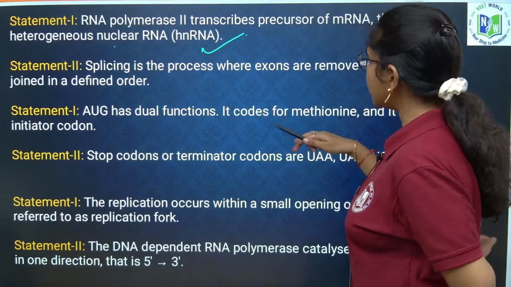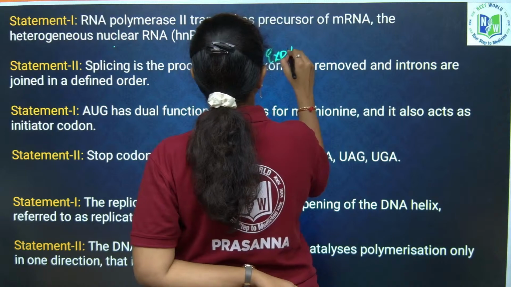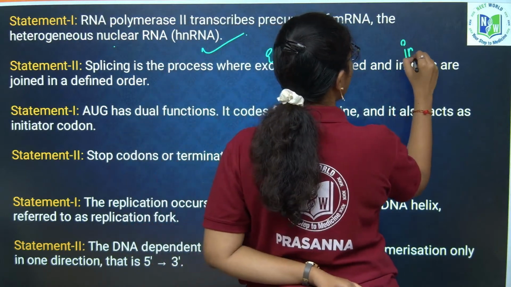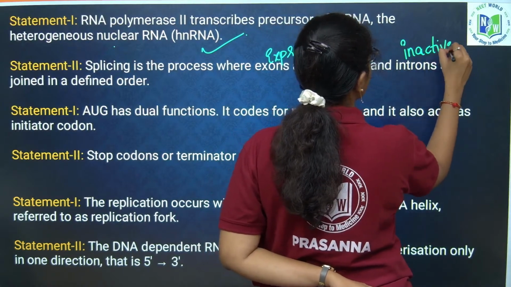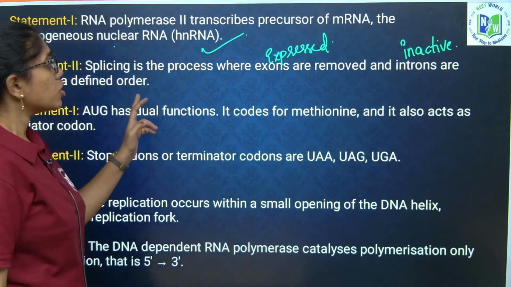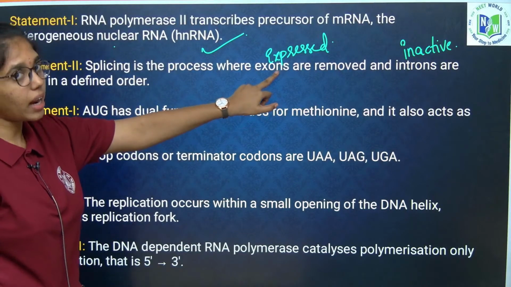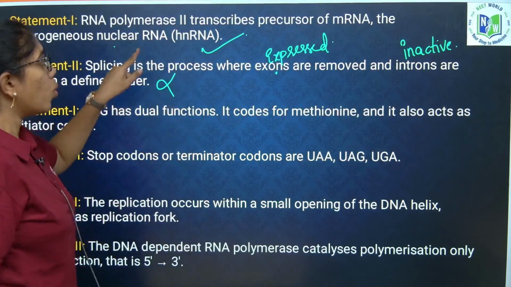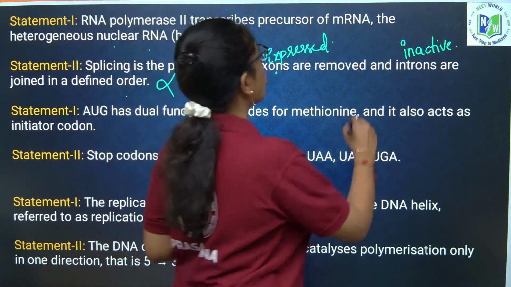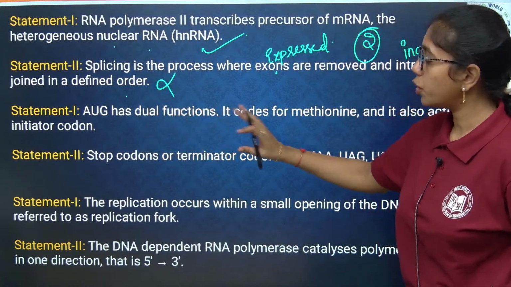If you remember, just now I said exons means expressed sequences and introns means inactive sequences. So yes, introns are spliced, exons are not spliced. So this is wrong. When statement 1 is true and 2 is false, you have to choose what option? Option 2.